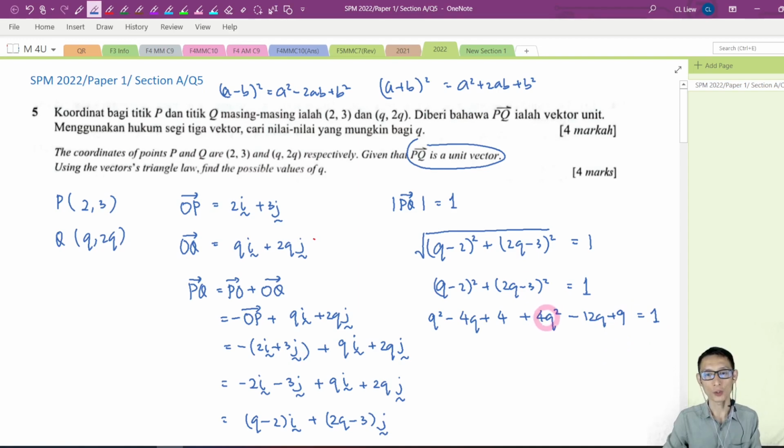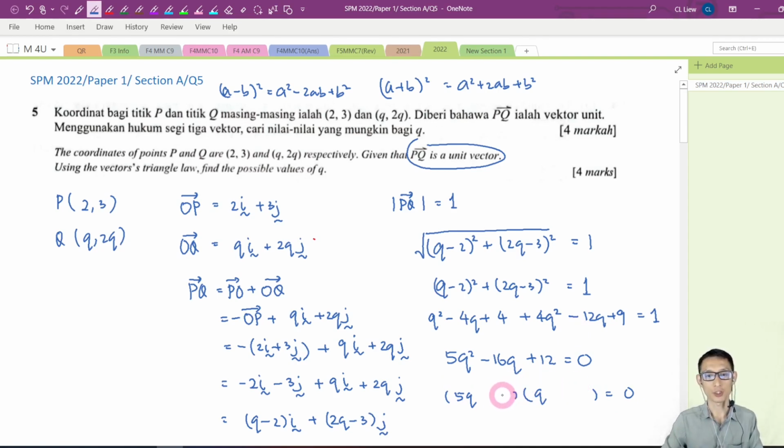Okay, so 4q square plus q square will be 5q square. And negative 4q minus 12q, you will get negative 16q, right? Okay, so 4 plus 9, you will get 13. 13 minus 1, you will get 12. Now here you can use your calculator to help you to do the factorization. Okay, this is 5q, this is q.